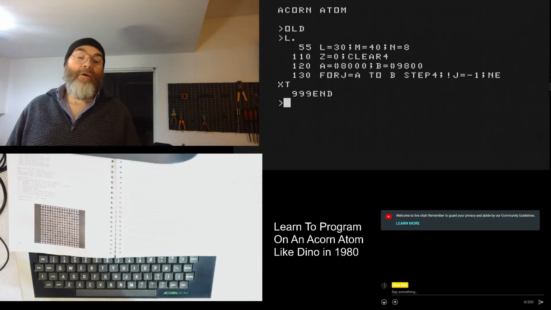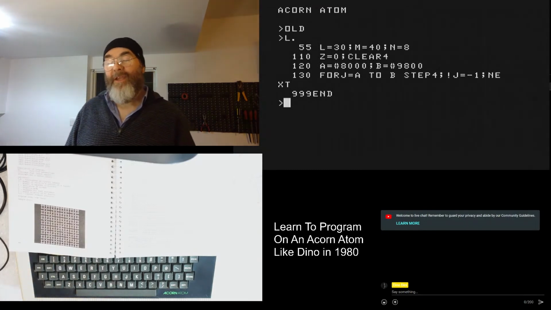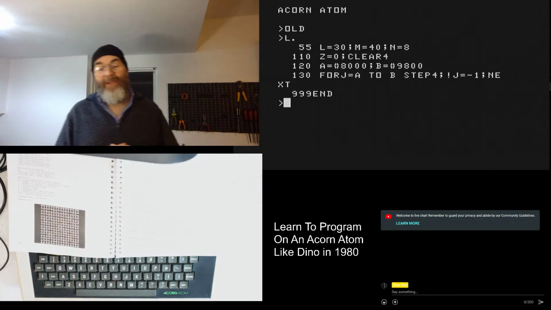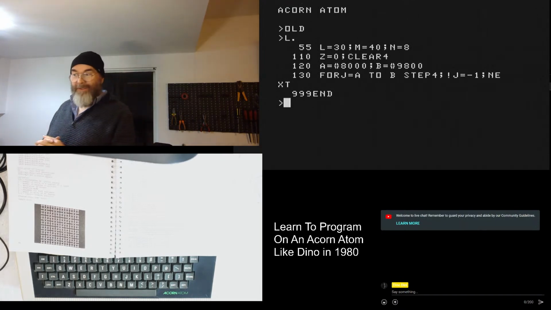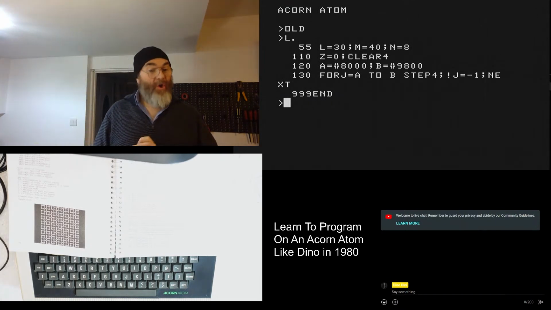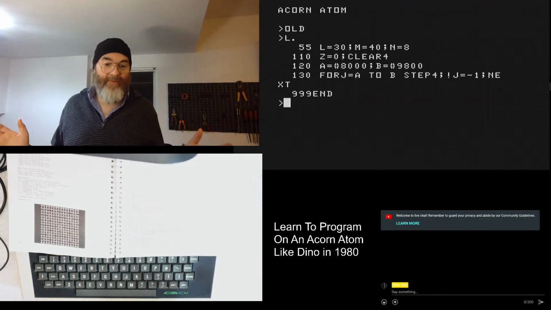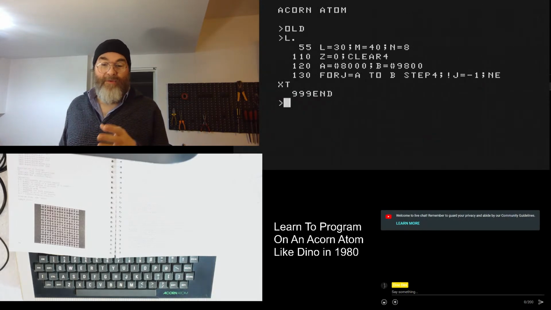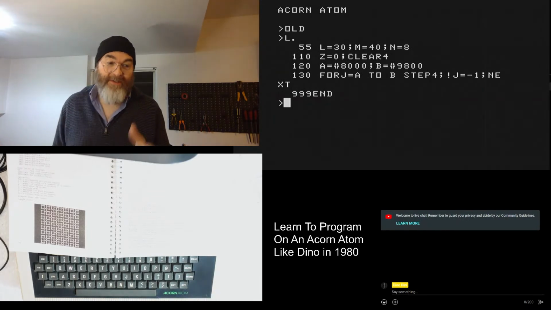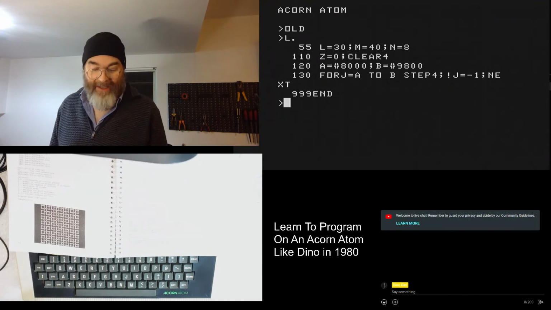We have, well, from 8,000 to 9,800 or 1,800 in hex, which is going to be, well, one block of 256 bytes is basically 100. So if you have 16 256 bytes, that's 1,000 in hex.